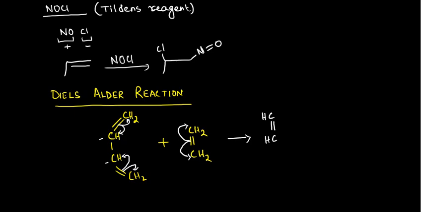I am talking about these two carbons. Next, there is a CH2 over here, but it is having one hand free. Similarly, here there is a CH2 having one hand free. Here there is a CH2 having one hand free. Here there is a CH2 having one hand free. So you can easily join this. So this will result in a cyclic compound, and as you can see, this is nothing but cyclohexene.